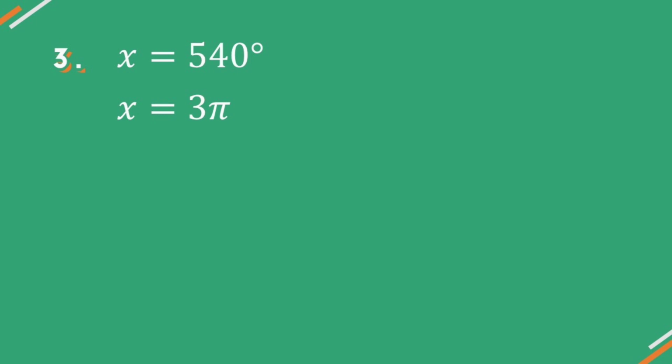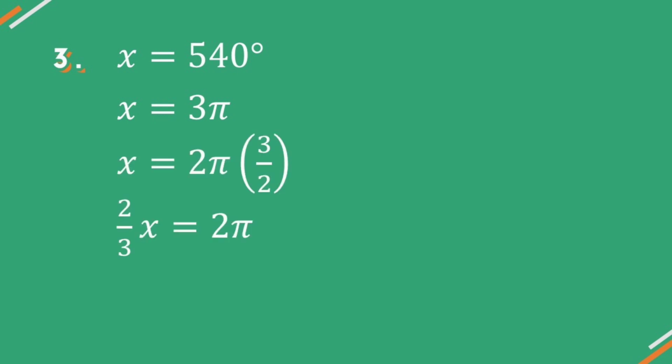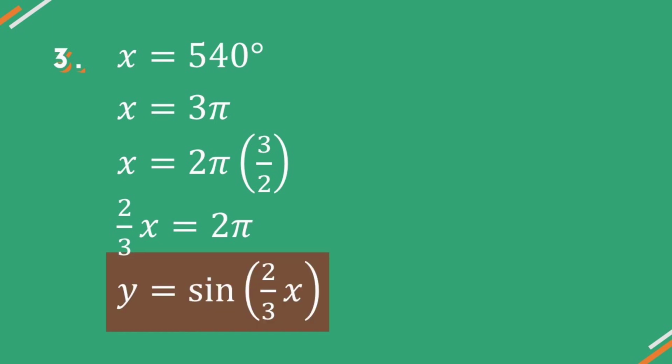So I can rewrite it as x equals 2 pi times 3 over 2. We move 3 over 2 into the left hand side and we get 2 over 3 x equals pi. And there you are. The function of the graph is y equals sine 2 over 3 x.